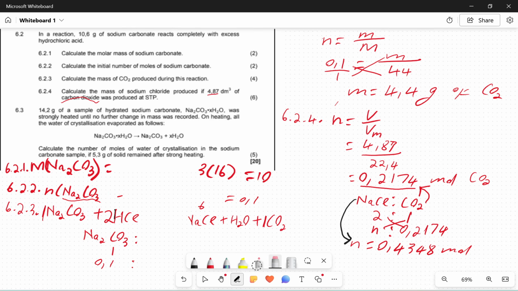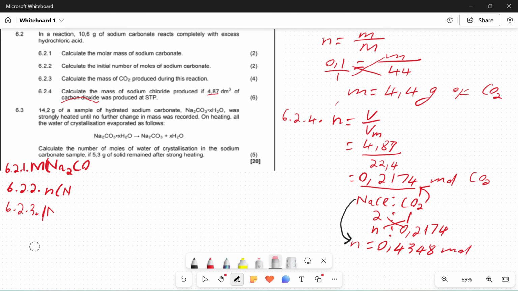Remember, if you need this information, you can just scroll back on the video. You should find the information. Okay, everything's gone. Let's proceed. So I'm moving from this side to this side now. I have found the number of moles of sodium chloride, so now I'm going to find its mass. But let's start by finding the molar mass of sodium chloride.